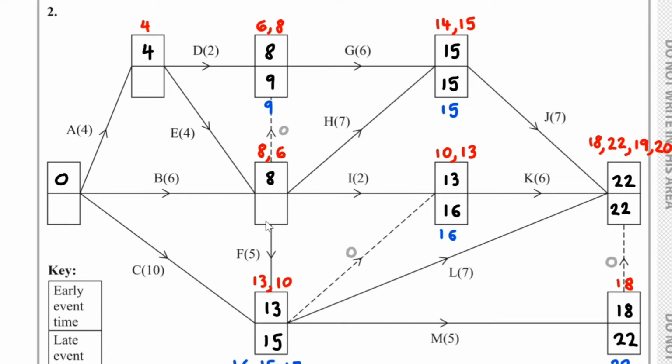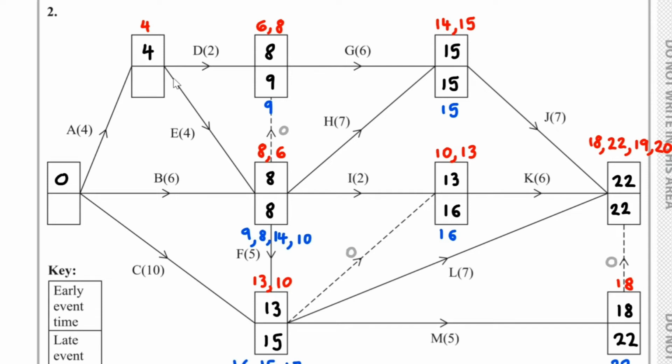And if we think about what could go here, we could have the 9 take away the 0, which is 9. 15 take away 7, that's 8. 16 take away 2, that's 14. 15 take away 5, that's 10. The smallest one is 8, so 8 goes here.